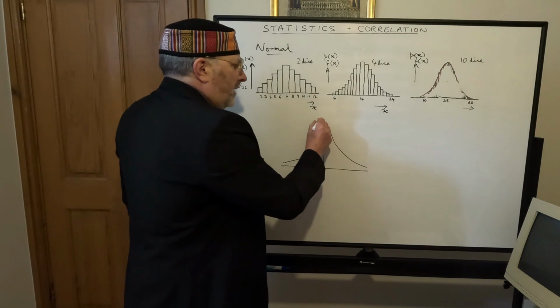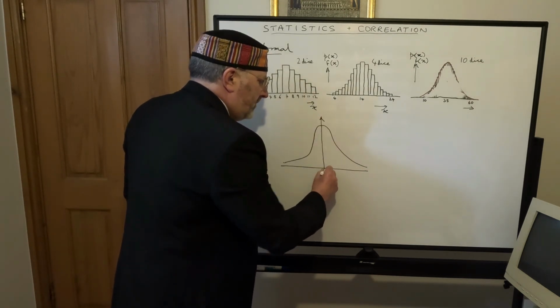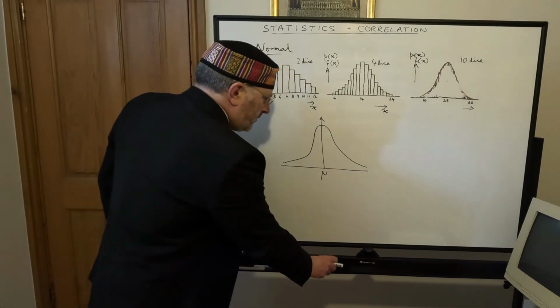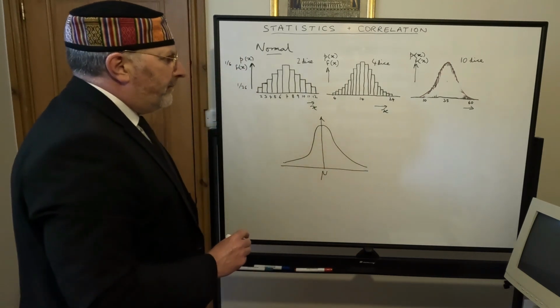So this is our normal distribution. It has a mean value, the most common, and then it can vary on either side.